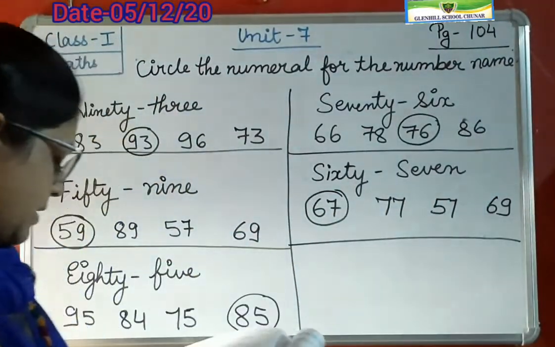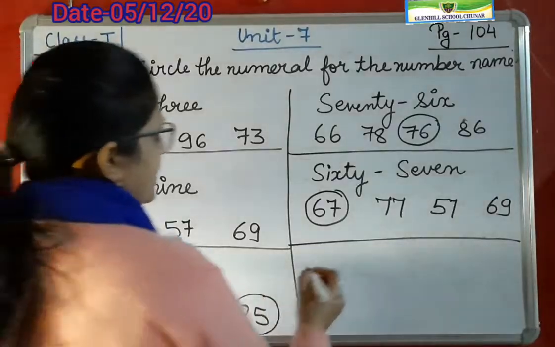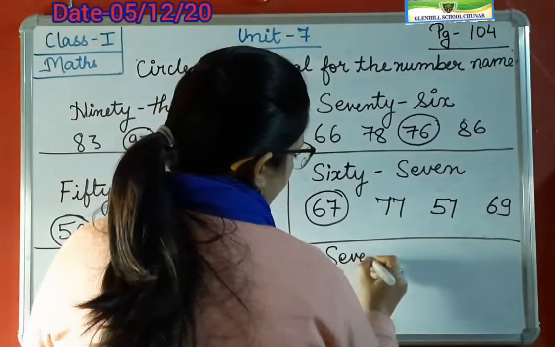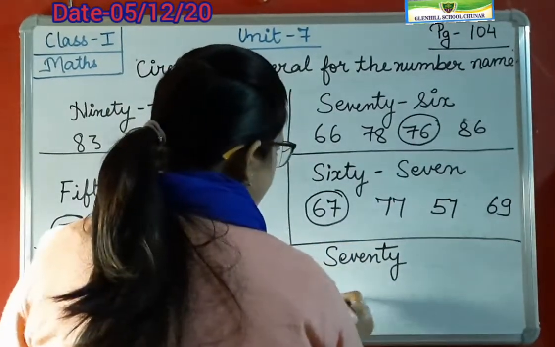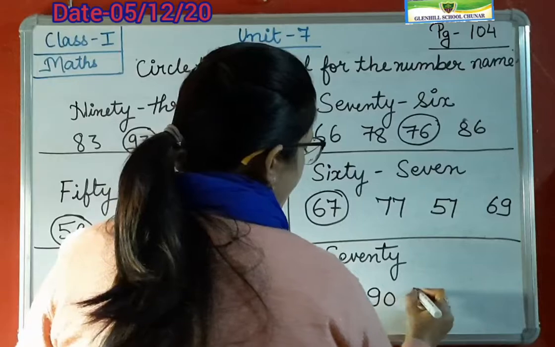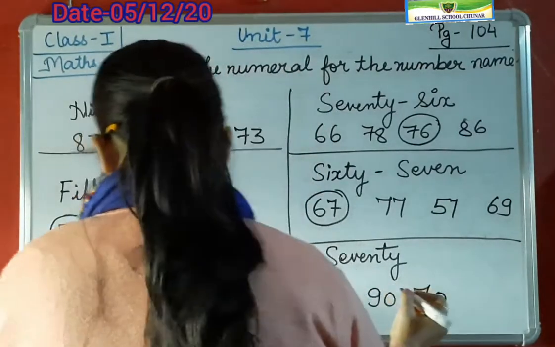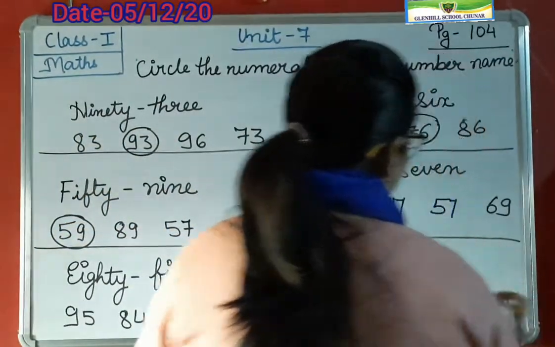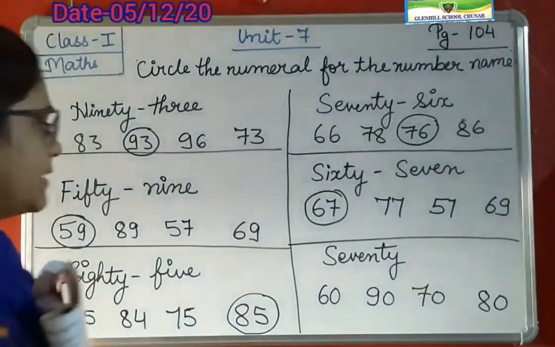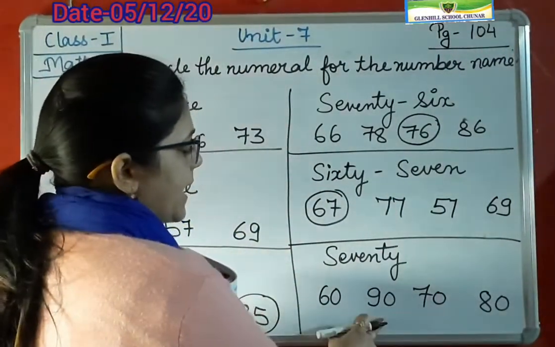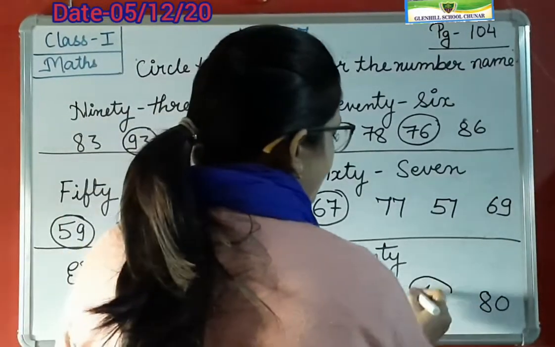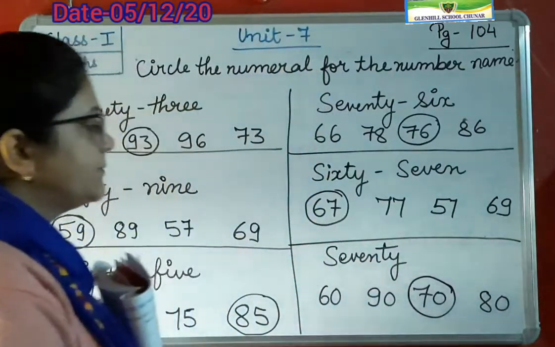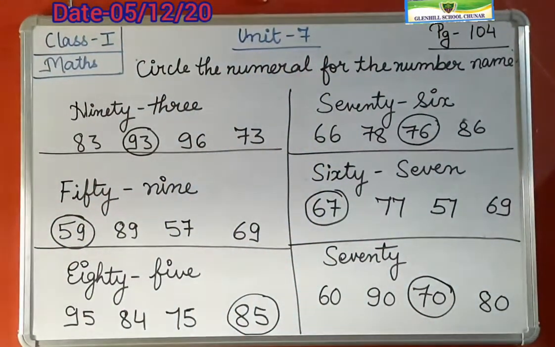Okay. Then it is 70. Here it is 60, 90, 70, then 80. So you have to find out 70. So it is 60, 90, 70, 80. So the correct one is 70. So I have done it here, 70. Okay, students. So this page I have completed. Okay.